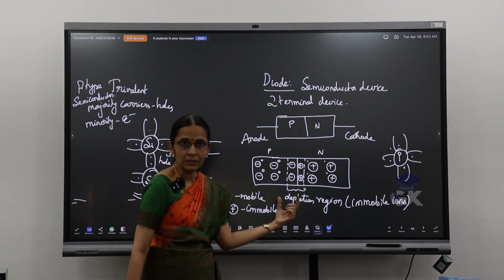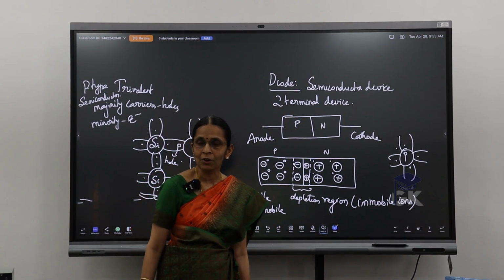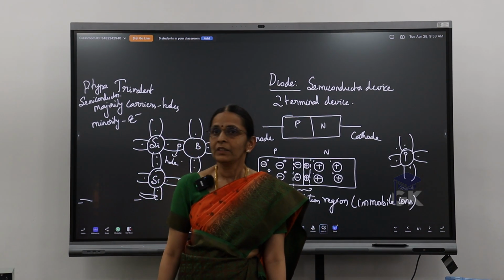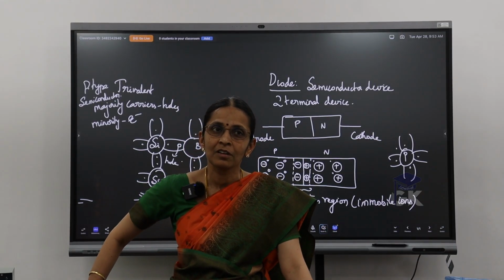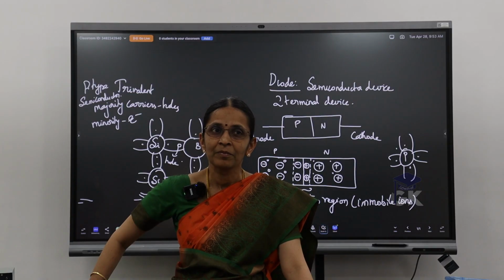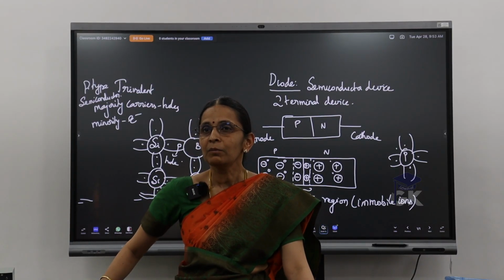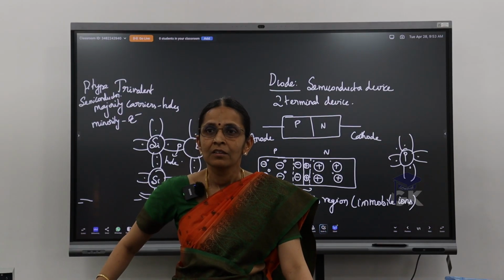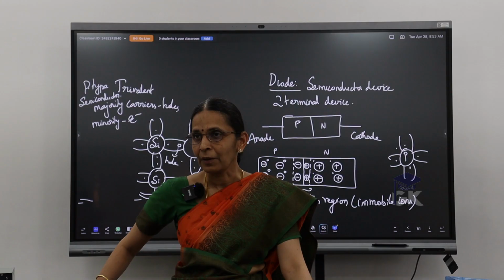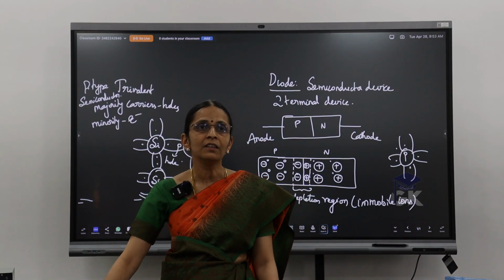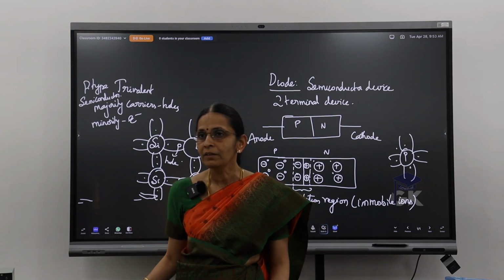So now this is the depletion region, and to this we associate what is called the cut-in voltage. Silicon has a cut-in voltage of, what is the value? 0.7 ideally speaking, and germanium has a cut-in voltage of 0.3 ideally speaking. So for silicon the cut-in voltage is 0.7, and for germanium it is 0.3 volt.